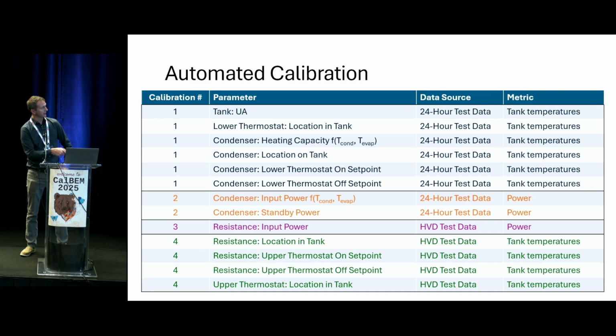And then another set, 24-hour tests matching power. A third with the high volume draw test data matching power. And then the final one where we're using the high volume draw test data to match tank temperatures. And this makes the whole problem mathematically a lot more tractable and simple to process.